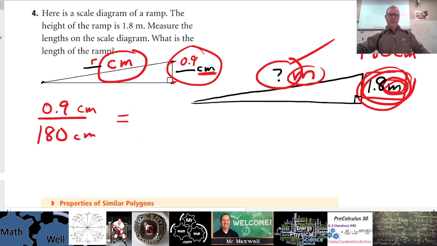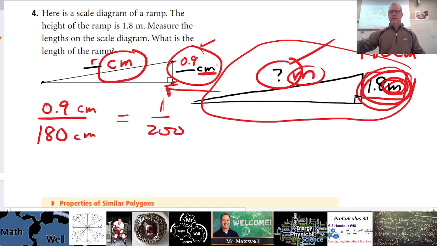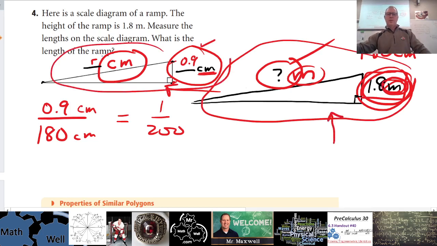So what's that going to be? 1 over, what's that? 1 over 200? Something like that. Model over... give me a second. So that's going from original, which is the actual object, to the model that we're measuring.